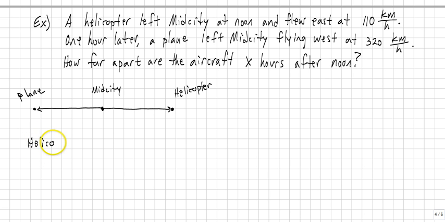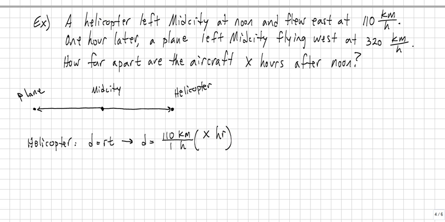So the helicopter, we want to know how far apart, that's distance. So we know that distance is rate times time because the helicopter and the plane are flying a constant 110 kilometers an hour or 320 kilometers an hour. So it's uniform motion. So for us, the distance would be its rate, which was 110 kilometers every 1 hour, times its time, which was x hours.